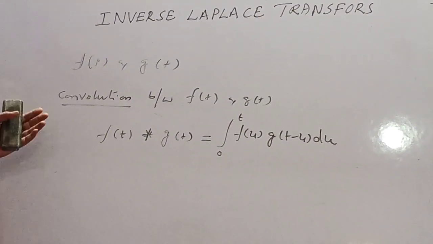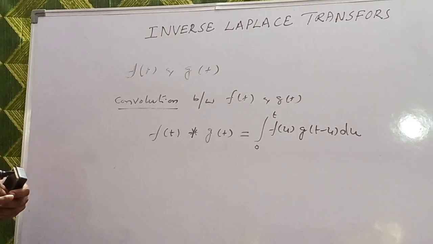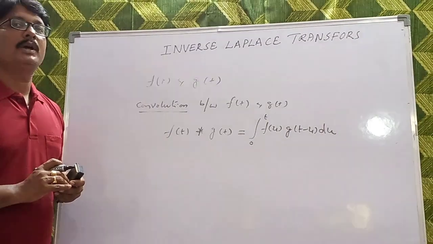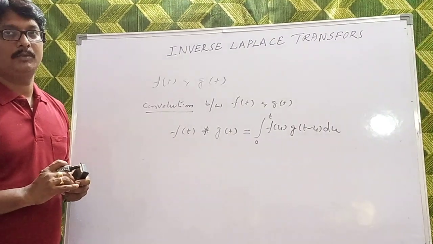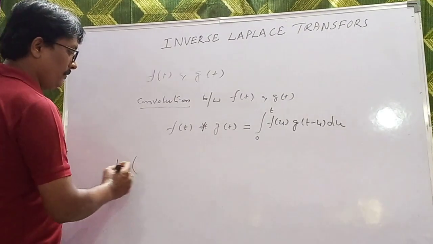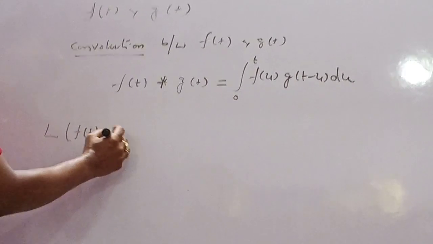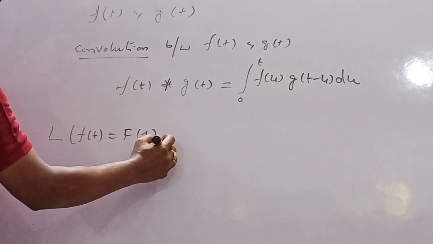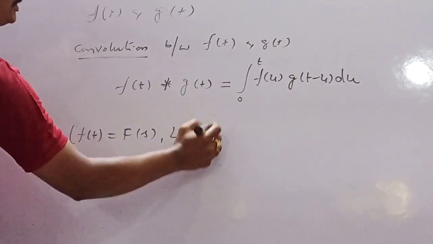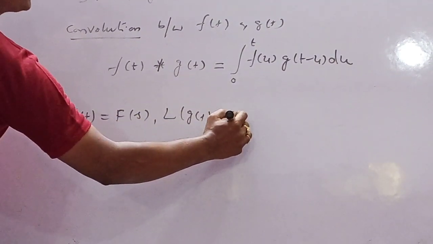Here, how does convolution help? For finding inverse Laplace transformations, we apply the convolution theorem. Suppose the Laplace transformation of f of t equals capital F of s, and the Laplace transformation of g of t equals capital G of s.